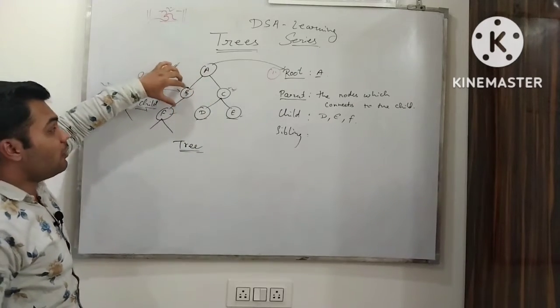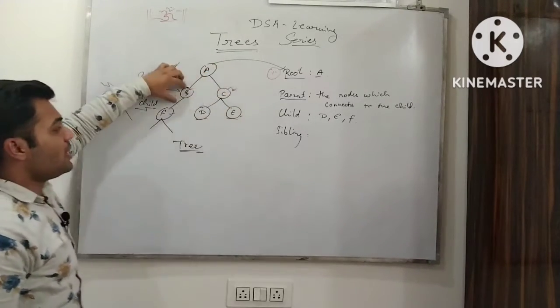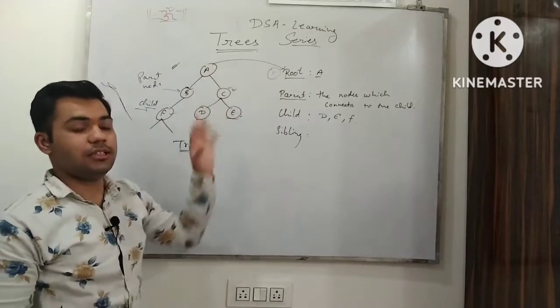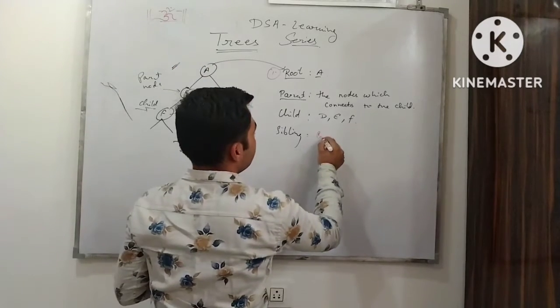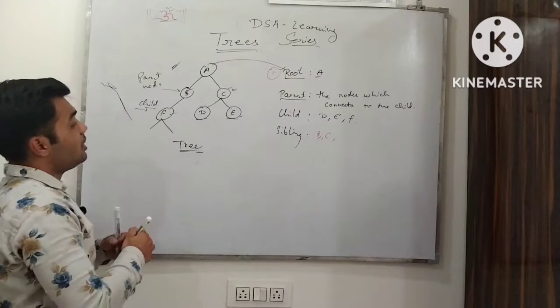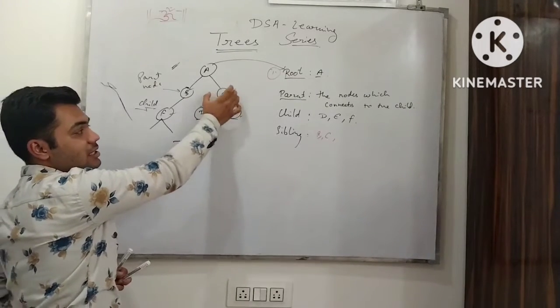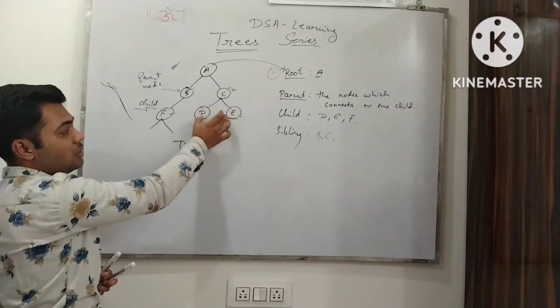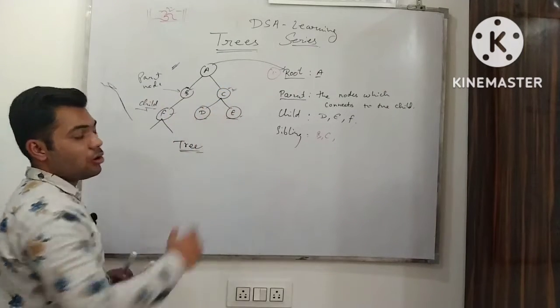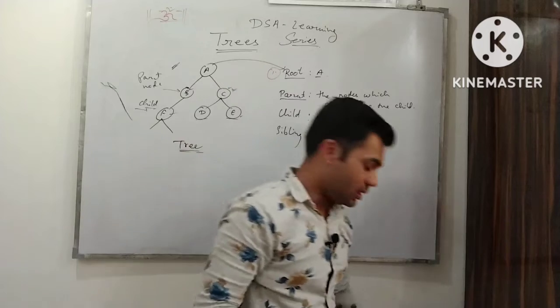A is the parent of both B and C, so B and C are siblings of each other. Then D and E are siblings, as C is the parent node of both D and E.